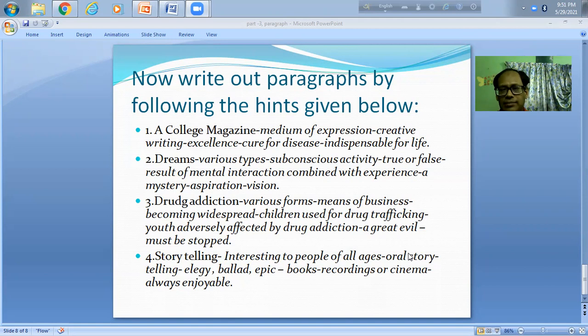What is disease? There may be mental diseases which writing can wipe out. And creativity, thoughtfulness, the practice of creativity through writing is an inseparable part of life.